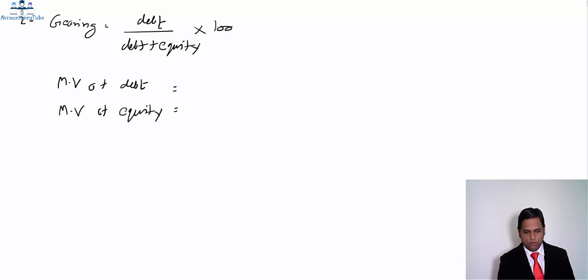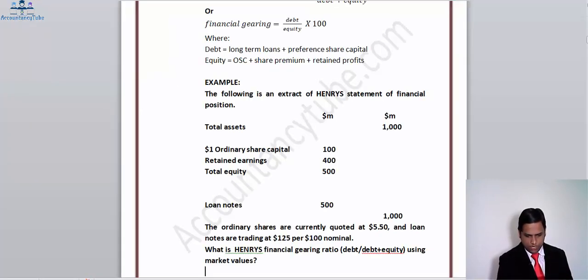So the market value of debt, we can get from the question again. Firstly let's compute the market value of equity. The ordinary shares are currently valued at 5.50 and ordinary shares are $1 each.